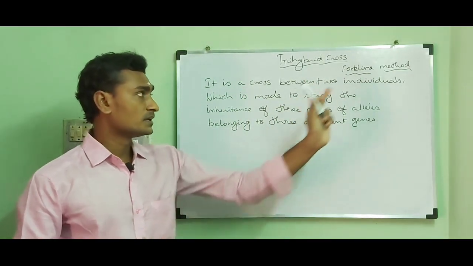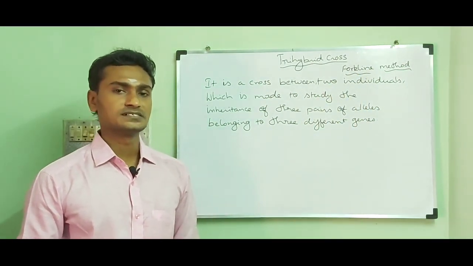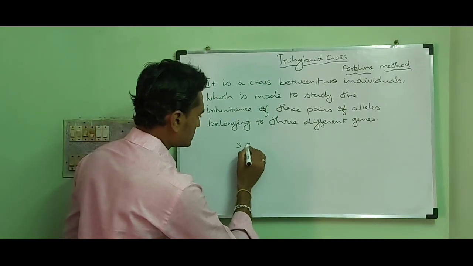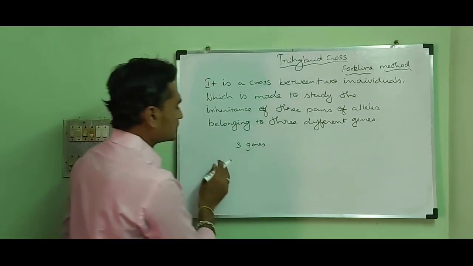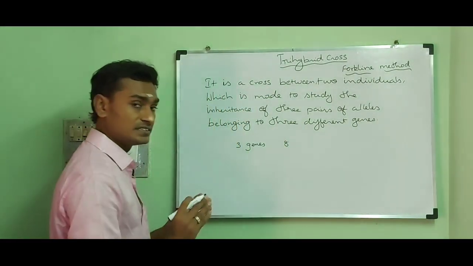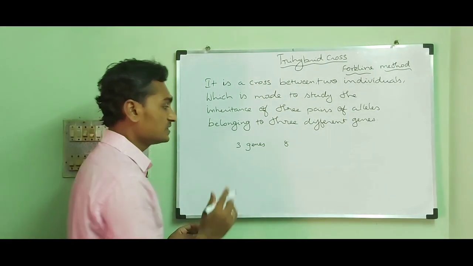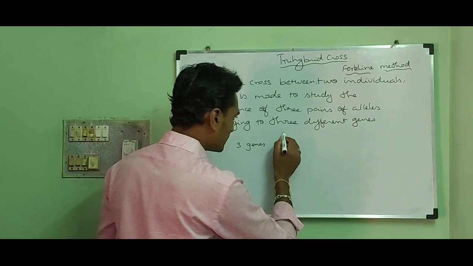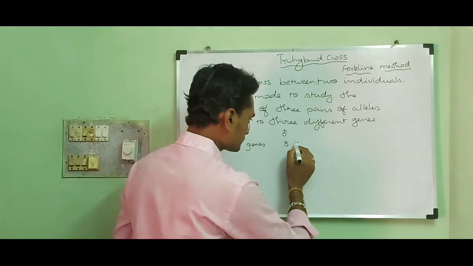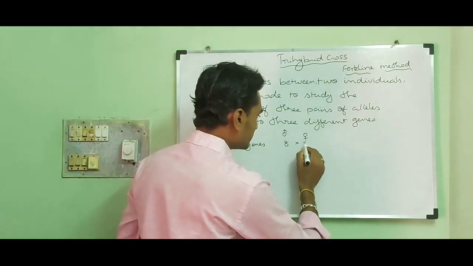Then, why am I telling that the Forkline method is an important method? Because, for instance, we are analyzing a cross involving three genes. These three genes can produce 8 gametes in each individual. So, it is a male, it can produce 8 gametes. So, it is a female, it can produce 8 gametes.